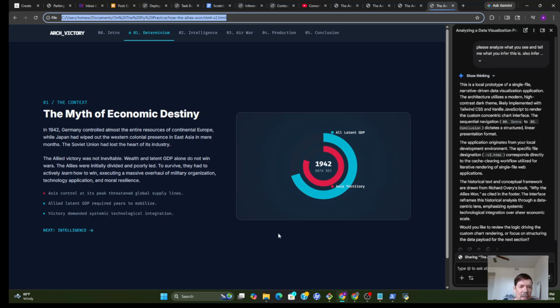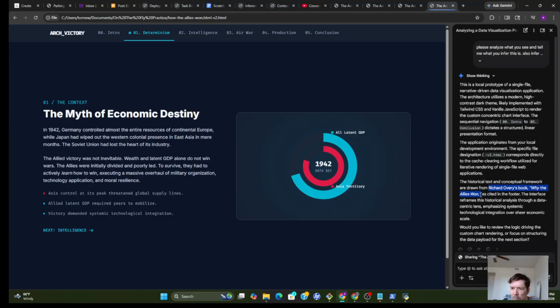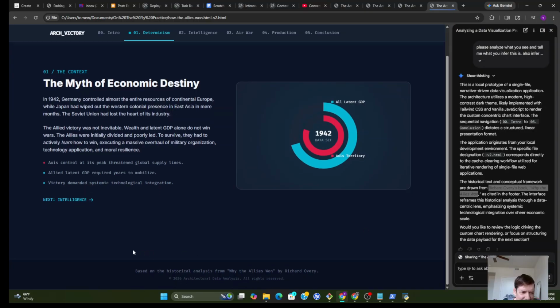It did infer exactly what was going on. Then I asked it to infer the source, and I thought this was pretty funny. It correctly identified the book, Richard Overy's Why the Allies Won, but it cheated because the title is actually on the bottom of the page. So it saw that, and got everything right.